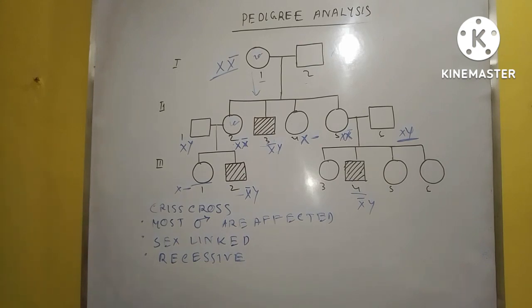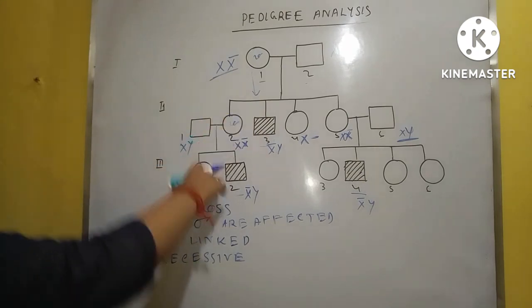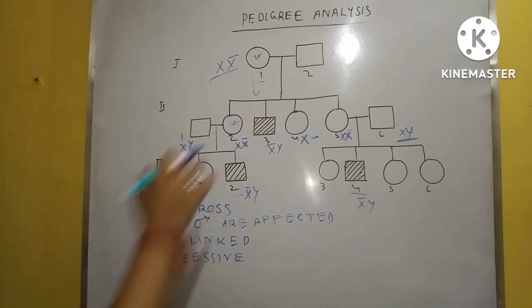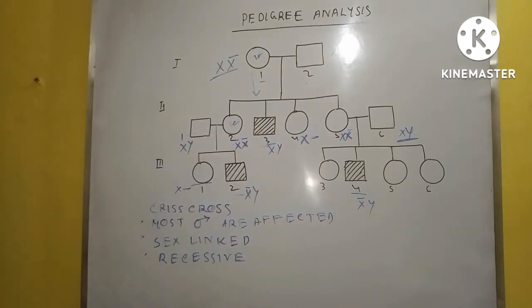So first you have to identify whether it is sex-linked or autosomal. You can identify it by the crisscross transmission of the gene, and most of the males are affected. This is another reason, and in that way you can say this is X-linked. And how can you say it is recessive?